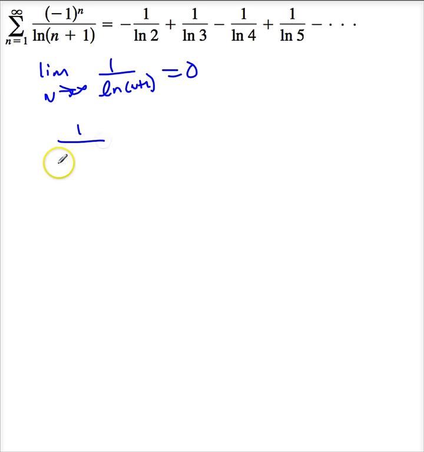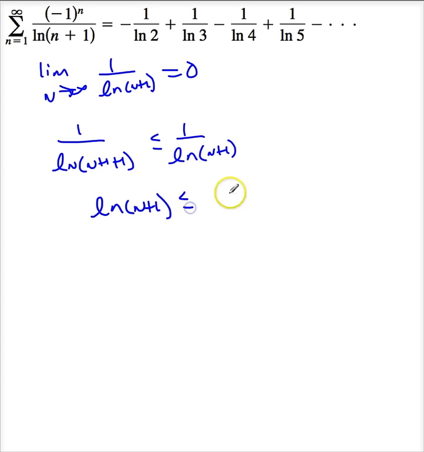And 1 over the log of n plus 2 is less than or equal to 1 over the log of n plus 1. Let me rewrite this. The log of n plus 1 is less than or equal to the log of n plus 2. Not by much, but especially as n goes to infinity. So I know this converges.